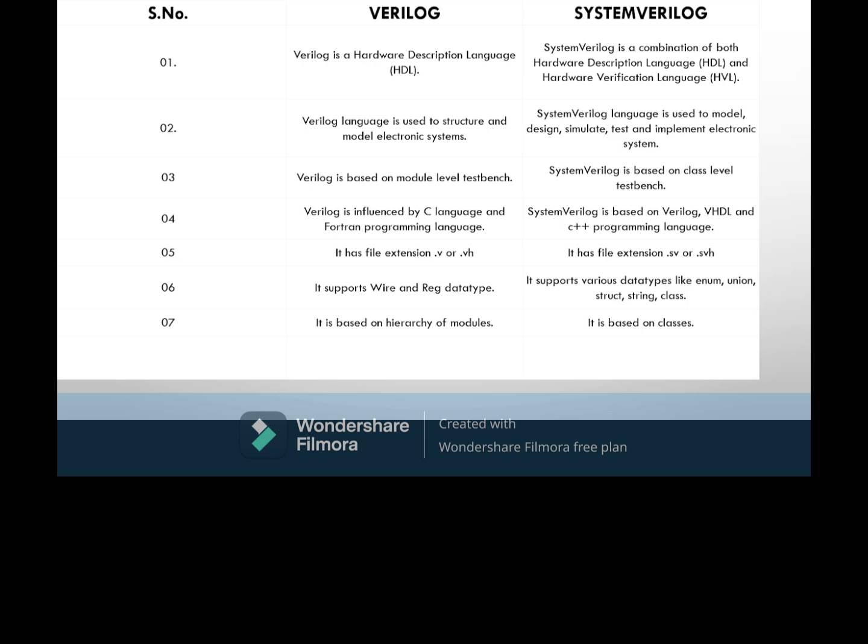And when it comes to Verilog, you will be using only wire and reg data types. But in SystemVerilog, along with wire and reg, you have many more data types. So these are some of the disadvantages in Verilog which led to the evolution of SystemVerilog.